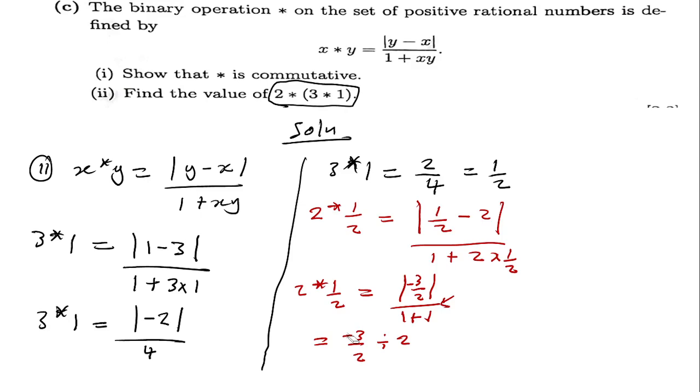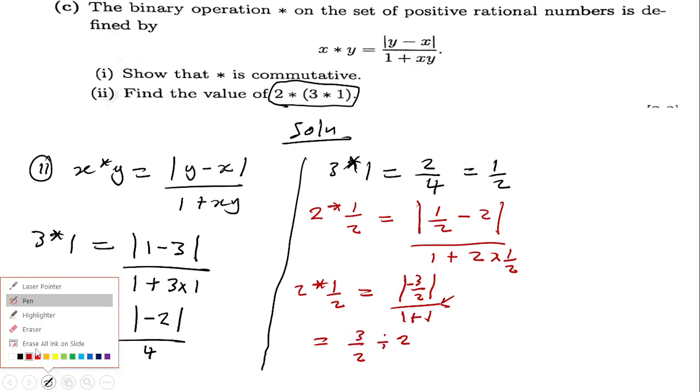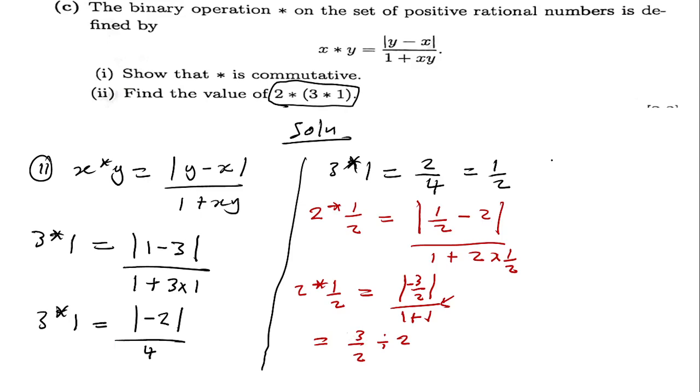Then you simplify that part: 3 over 2 times 1 over 2, because this is the same as 2 over 1. So this will be 3 over 4, and that's your final answer.